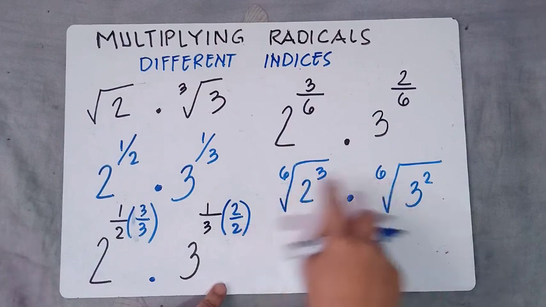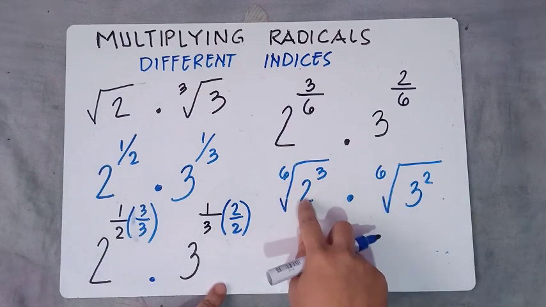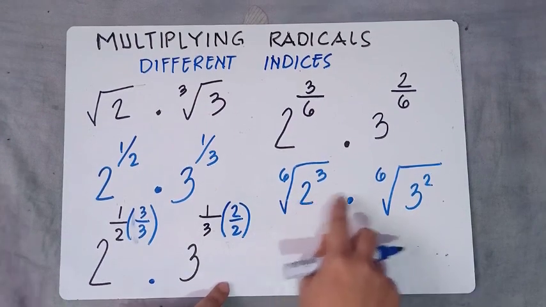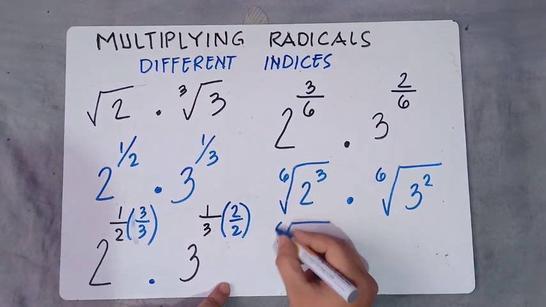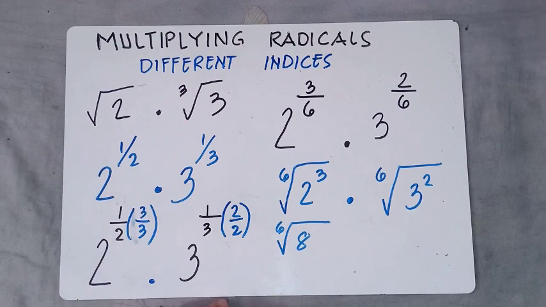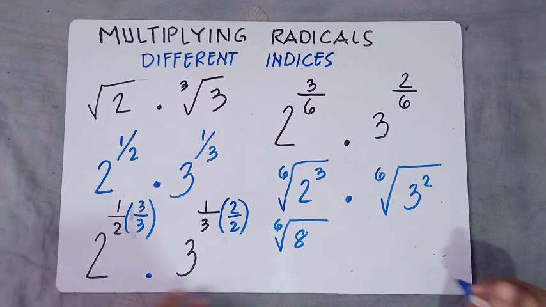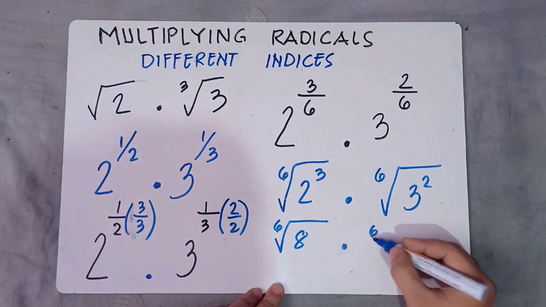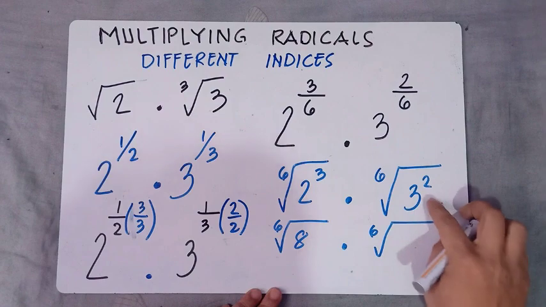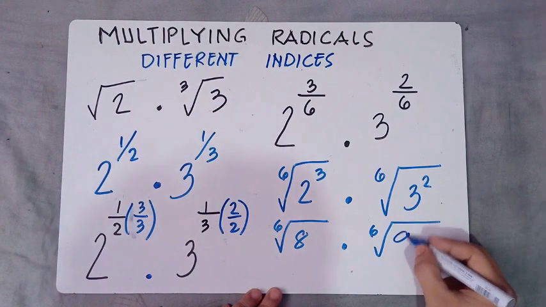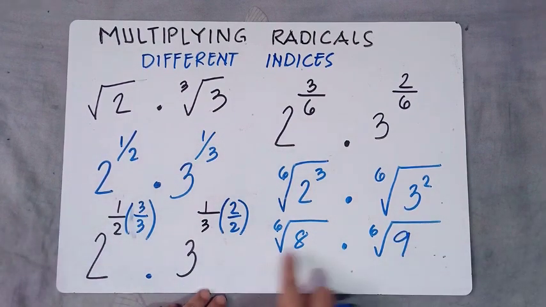Now, since the indices are the same, but before we multiply, simplify this one first. 2 raised to the power of 3 is equivalent to the 6th root of 8. 2 times 2 times 2 is 8. Then multiplied by the 6th root of 3 squared, 3 times 3 is 9.